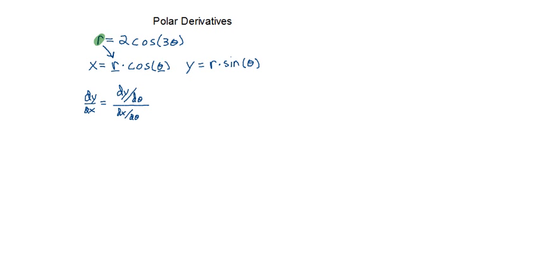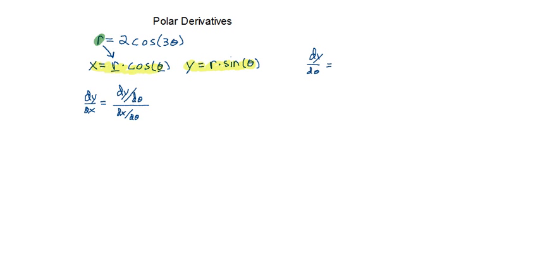That's what we're going to use to find this derivative. So first I have to take the derivative of x, and then the derivative of y also, and use that in our formula. I'll do that over here to the side. I'll start with dy d theta.